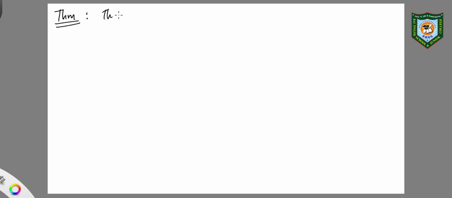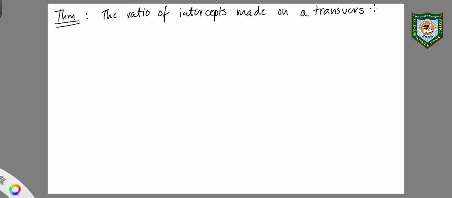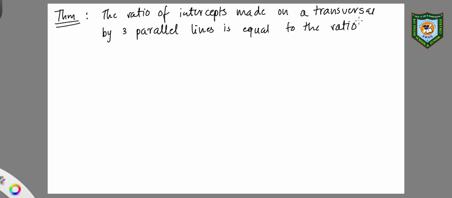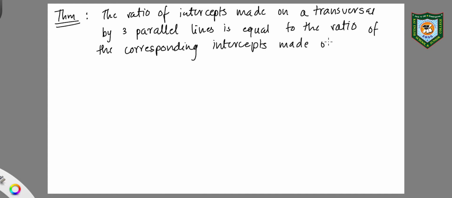Now, the ratio of intercepts made on a transversal by three parallel lines is equal to the ratio of the corresponding intercepts made on any other transversal that passes through the same three parallel lines.